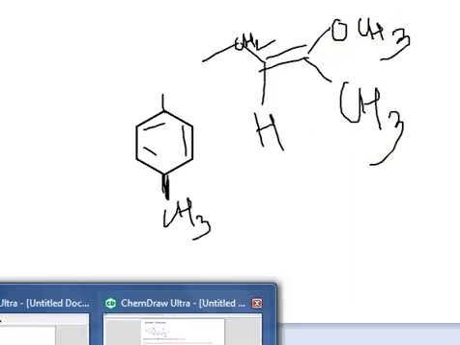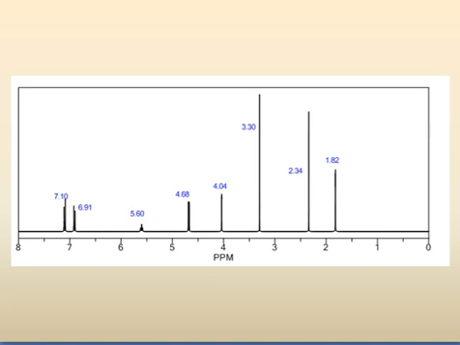Now at the 4.4 position we have a singlet. 4.4 singlet means it is definitely OCH2, and an OCH2 singlet.